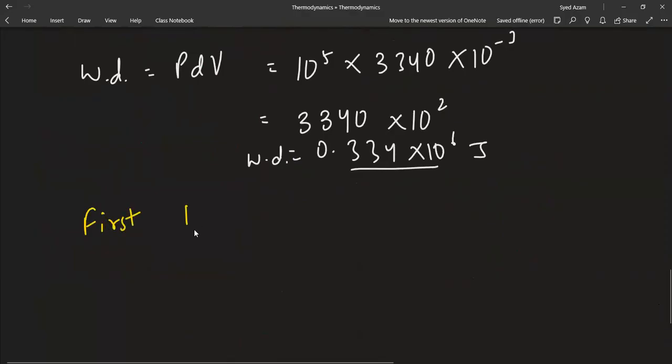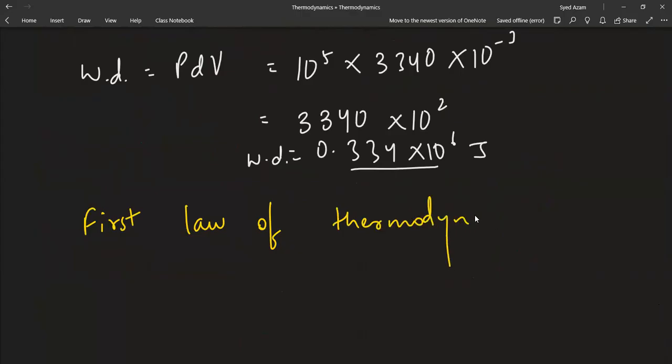So, first law of thermodynamics: the change in internal energy will be heat minus the work done.